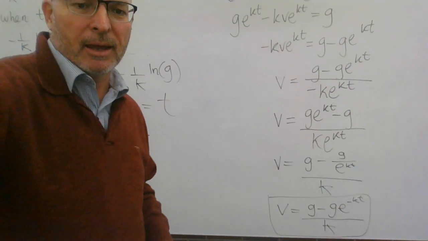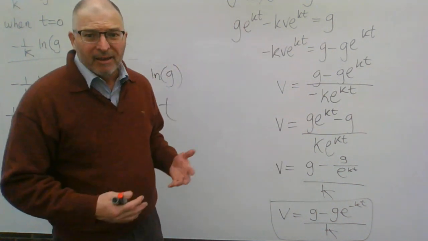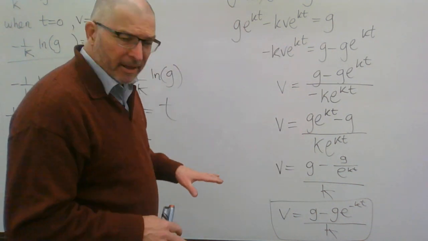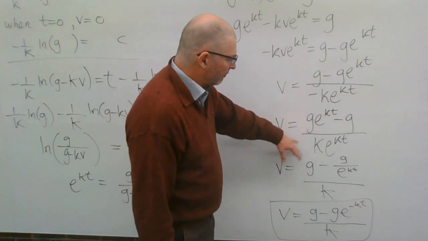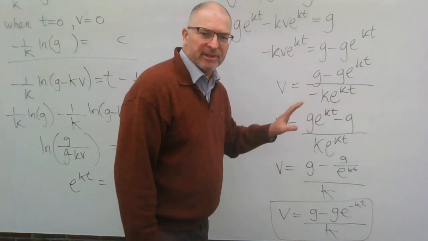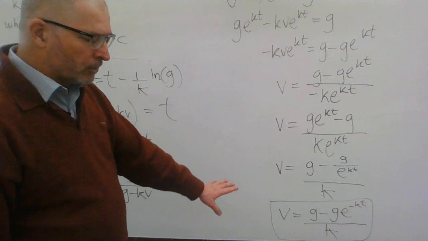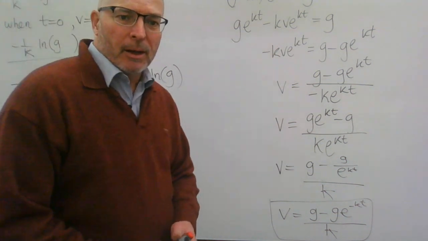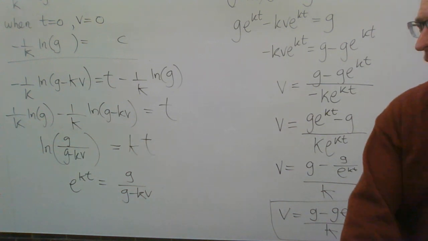I like that better because there's only one e function there, which means it'll be easier to integrate. Of course, I could have separated out the two terms and got a similar result, but I decided to do it that way. So we've got ourselves the velocity as a function of time.